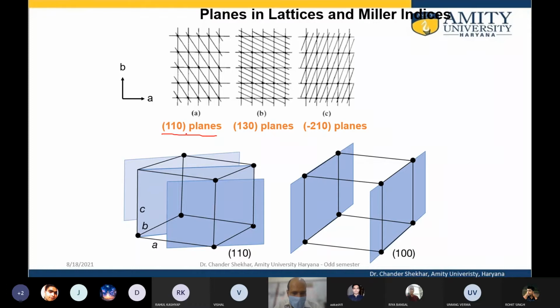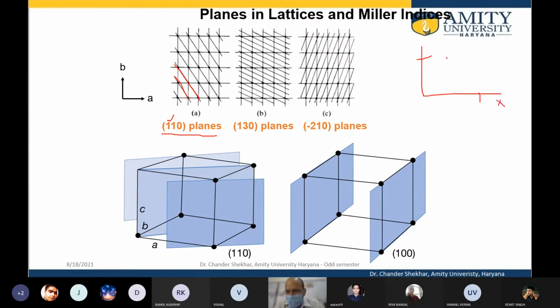So continuing the discussion, whenever we have Miller indices for a plane, these round brackets are for planes. What does it mean? For example, this 100 plane here in two dimensions. Suppose the third dimension is into the plane of the paper. These lines represent the 110. What it means? The plane intersects the x-axis and y-axis at one unit lattice translation vector.